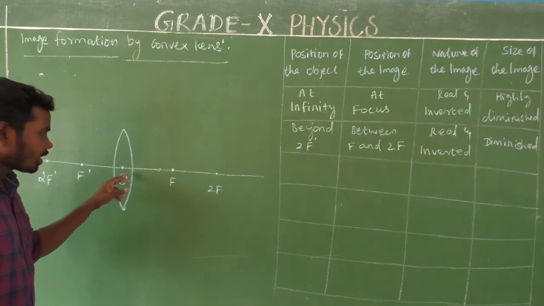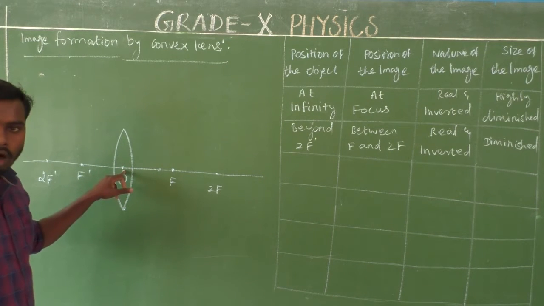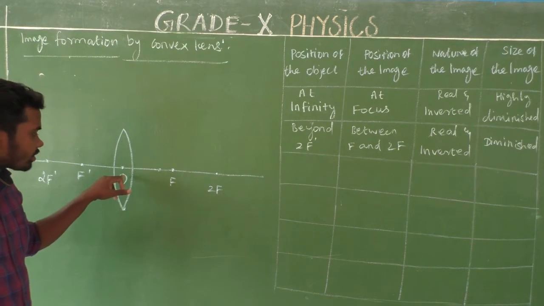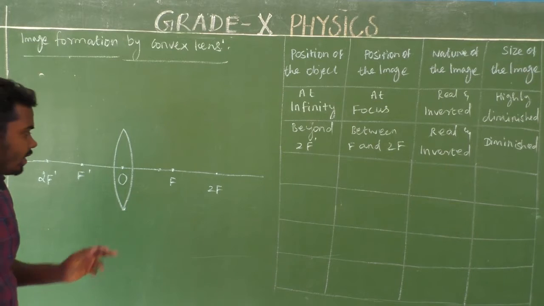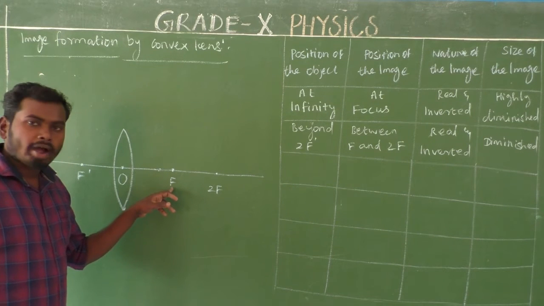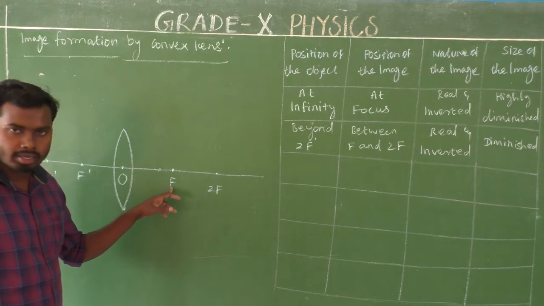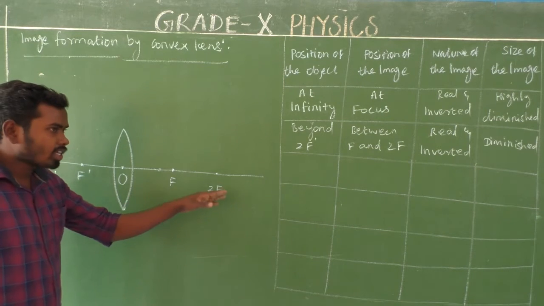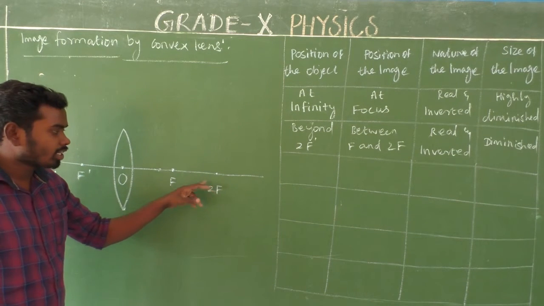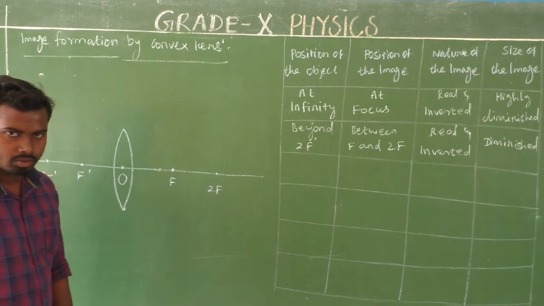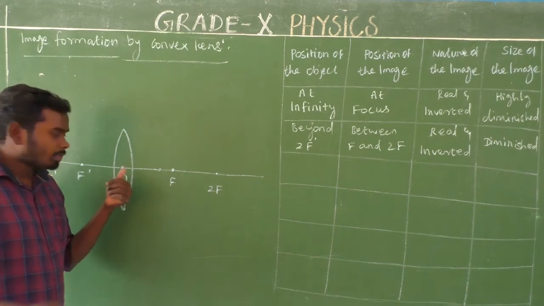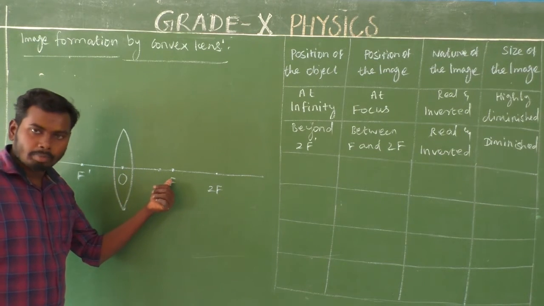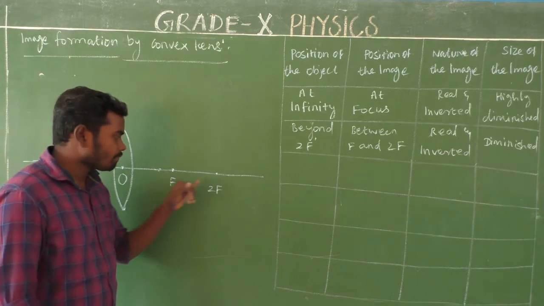First, look here, very simple. Consider a convex lens. The center point of the convex lens is the optical center, denoted by the capital letter O. Next, this component of the convex lens is the focus. After the focus, there is a point that is twice its focal length. The distance between O and F is equal to the distance between F and 2F.